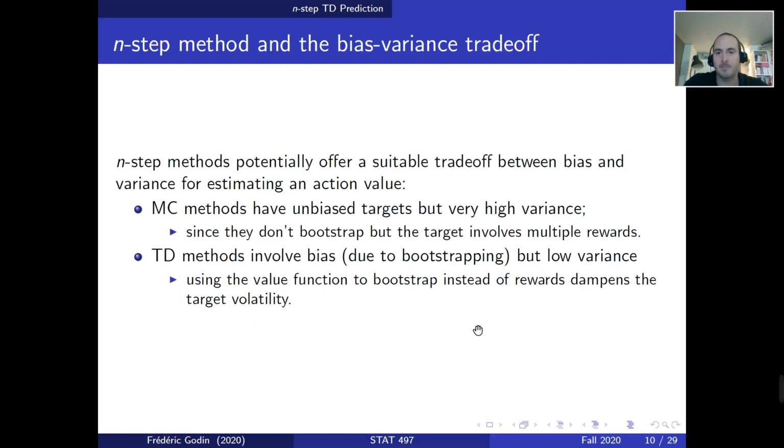As we just discussed, the n-step method offers a suitable trade-off between bias and variance of the target. Monte Carlo methods and TD(0) methods are two extreme cases.